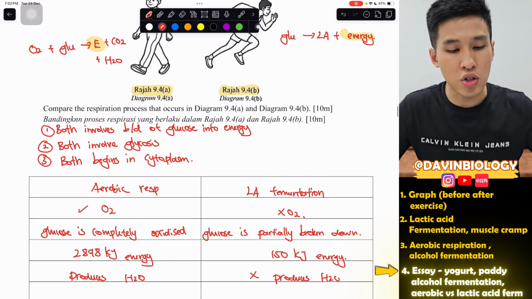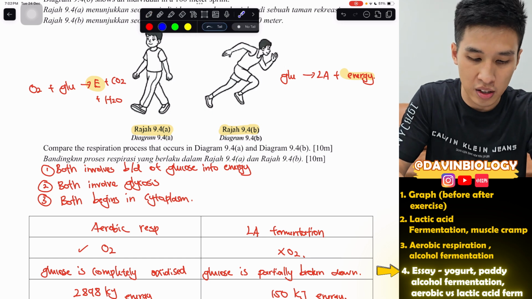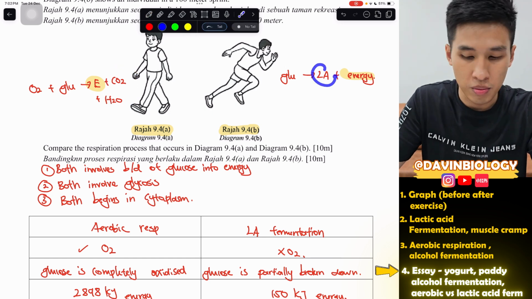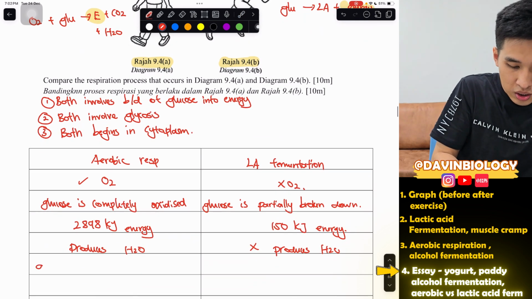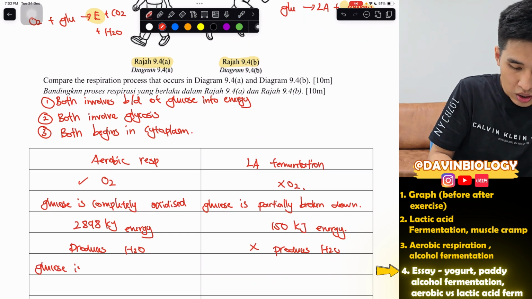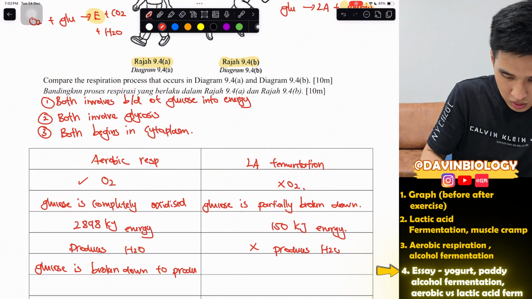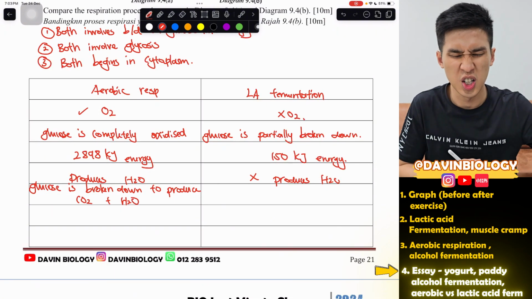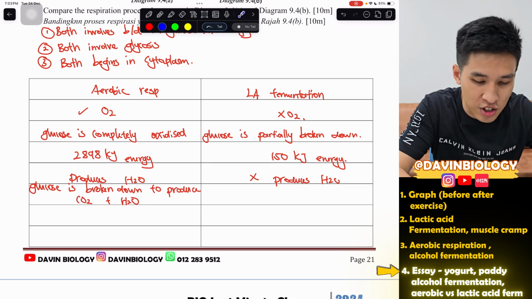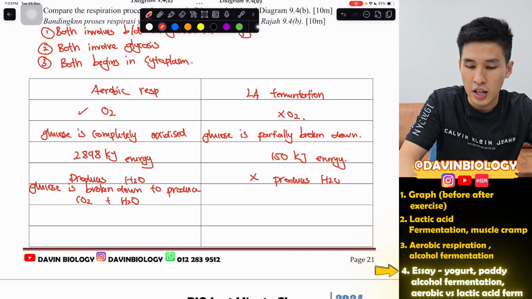Next, because your glucose is completely oxidized, you produce different byproducts compared to lactic acid fermentation. So for this one, glucose is broken down to produce CO2 and water. It's like repeating, but these are legit two different points. For this one, glucose is broken down to produce lactic acid.